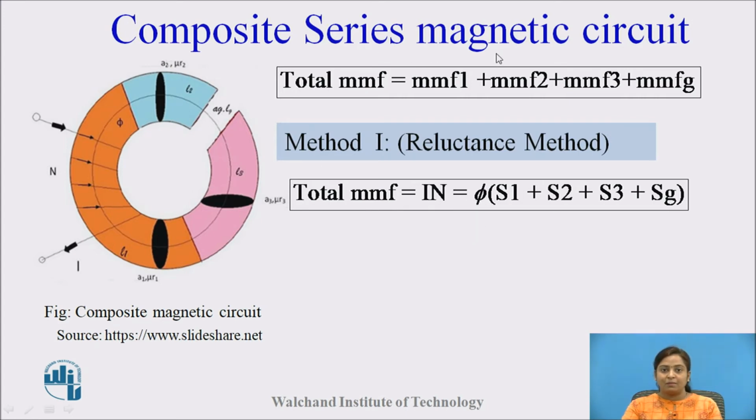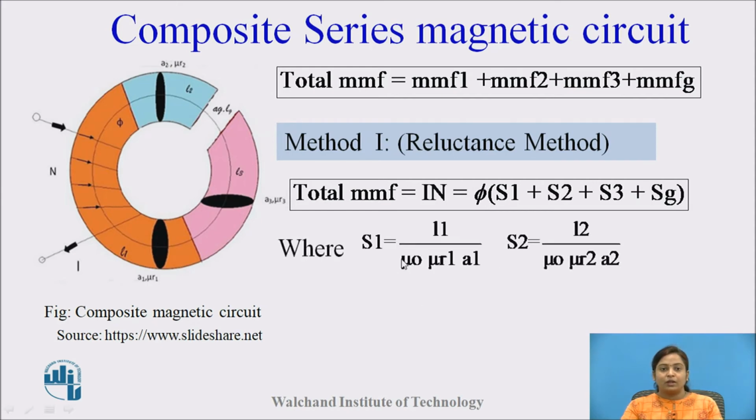As this is a series magnetic circuit, the same flux passes through all parts, so the total MMF can be calculated as flux into the sum of the reluctances of all parts. We know that the reluctance of the first part is L1 by mu 0 mu R1 A1. Similarly S2, S3 and Sg, meaning the reluctance of the air gap.